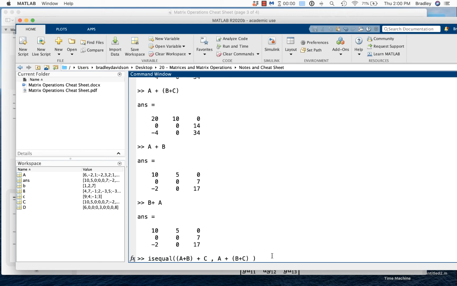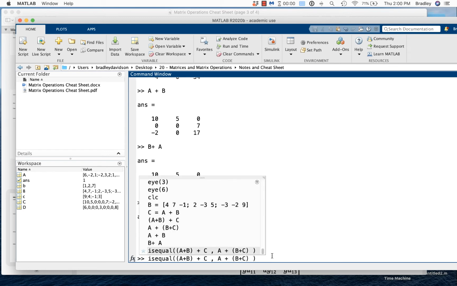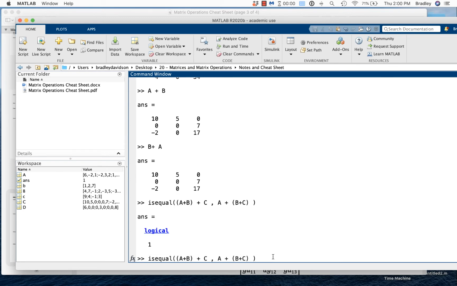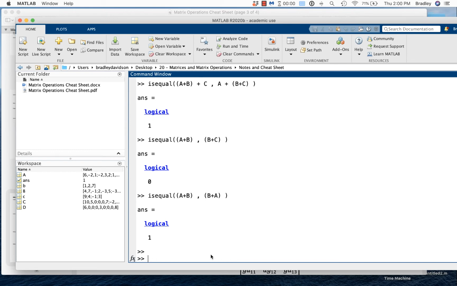If this is true, our logic should be 1. We can do the same thing for the commutative property, testing whether A plus B is equal to B plus C. Pardon me, that's wrong. A plus B is equal to B plus A, and then this should be correct.